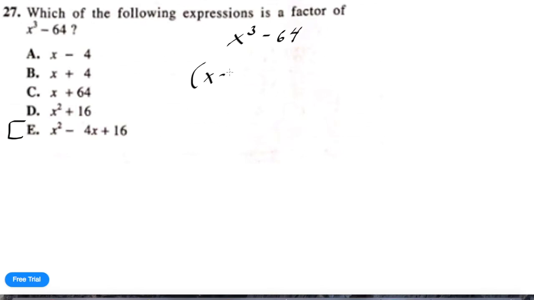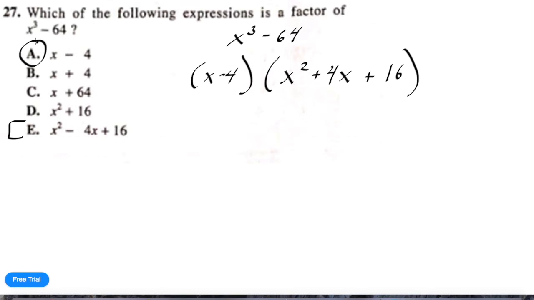We have our x minus 4, and we had our x squared plus 4x, and then our plus 16. So to be clear, we said this is the right answer here, A, but this interesting answer down here, E, is only off because of this sign next to the 4x.